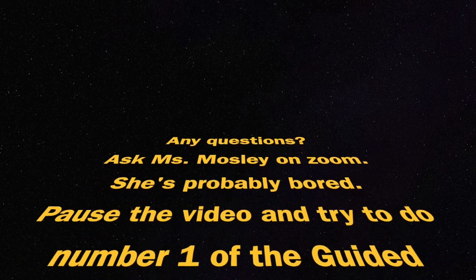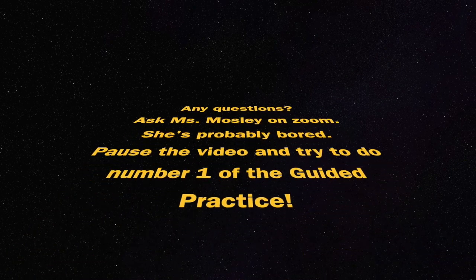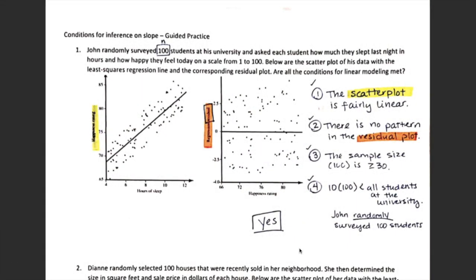Go ahead and talk about number one. That was asking if all the conditions were met for linear modeling. So the first thing you had to check was, is your scatter plot fairly linear? So you come over here and you can see that pretty much these dots are following a straight line. So that one's good.